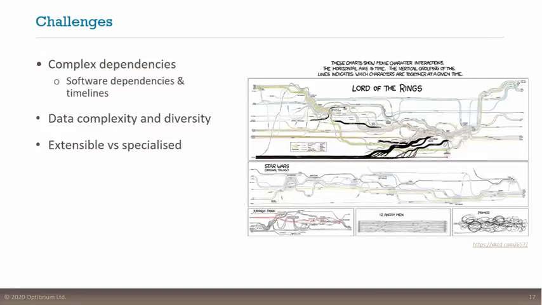I've already discussed the data complexity and diversity quite extensively, but I think another interesting challenge which relates to that is the idea of whether you should build a piece of software which is very flexible and extensible or specialized. If you build something which is super flexible, this would essentially mean that it would cope superbly well with any new toxicology data sources that are added to the hub.